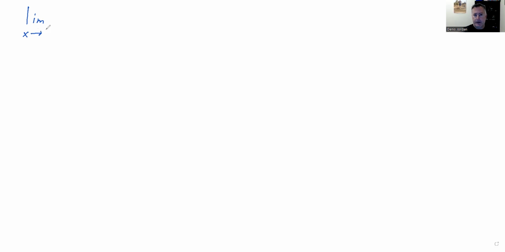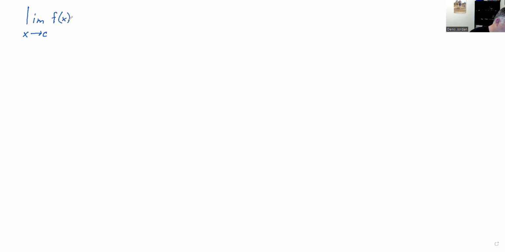And then it has this little arrow pointing at some value, which we're going to call C for now. So that C, that is what X is approaching. So X is getting closer and closer and closer to whatever that C value is. So right next to LIM, there's going to be one of two things.